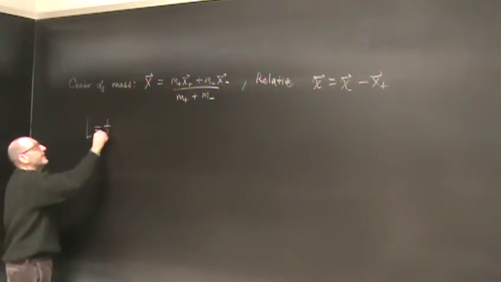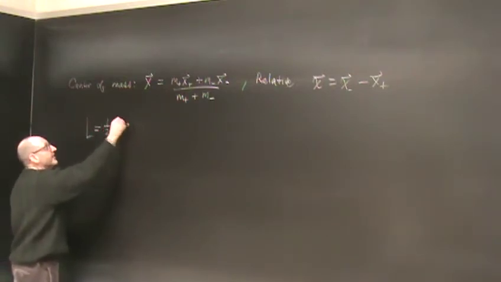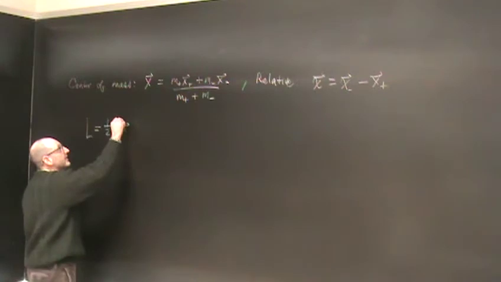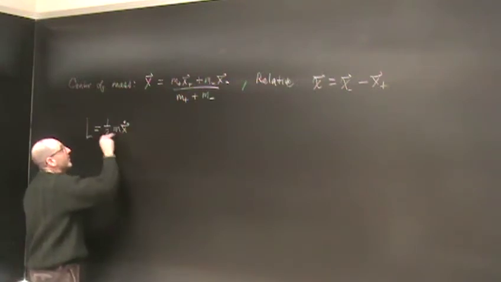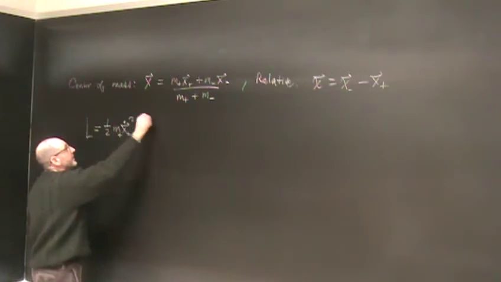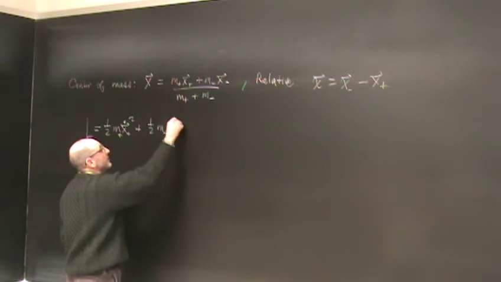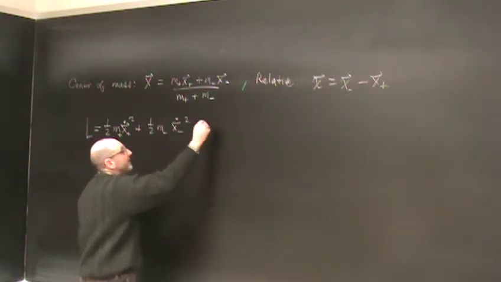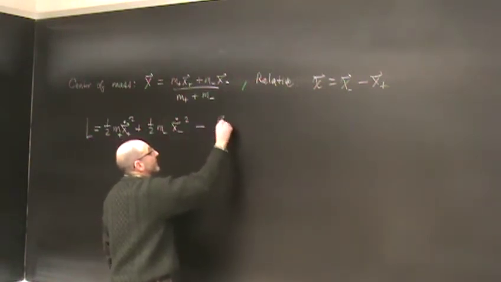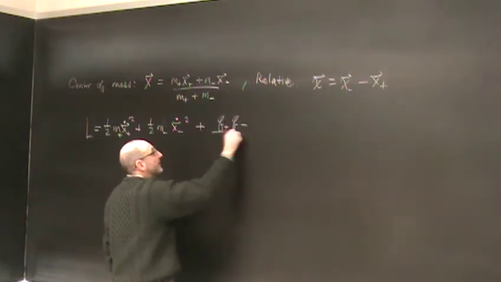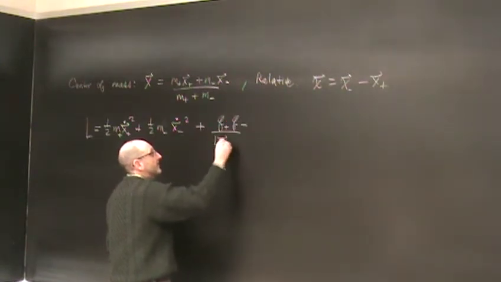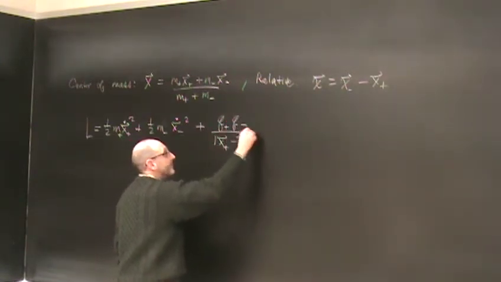So Lagrangian is 1/2 the kinetic energy of this, the kinetic energy of the negative charge, minus potential, minus potential is that.